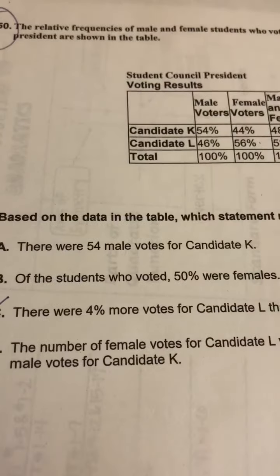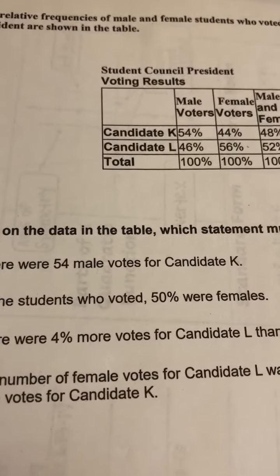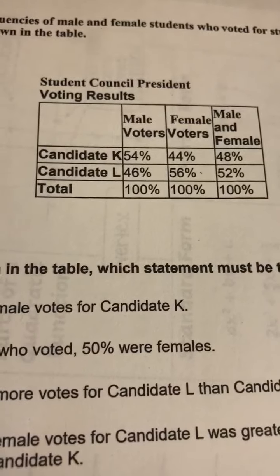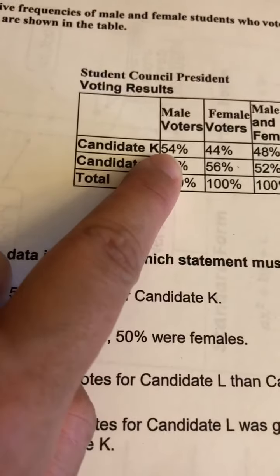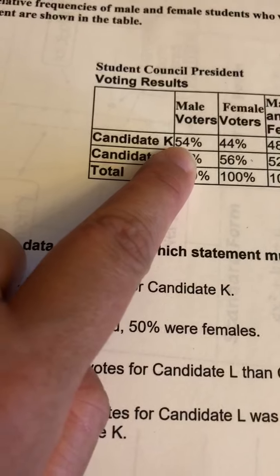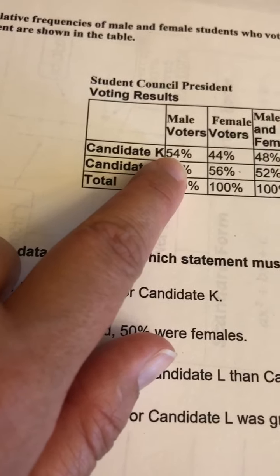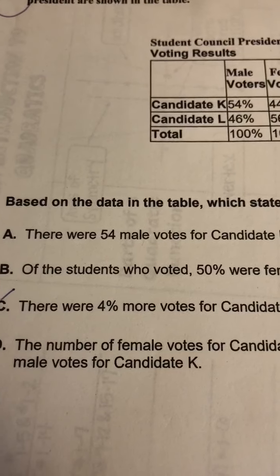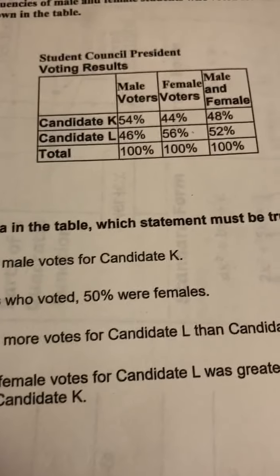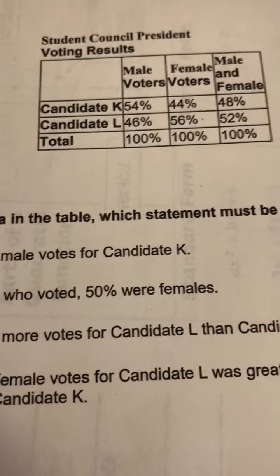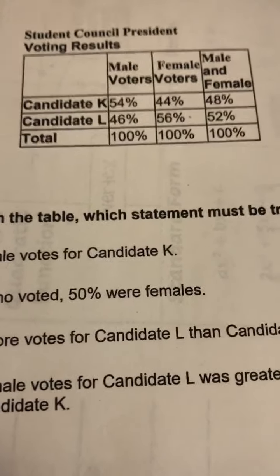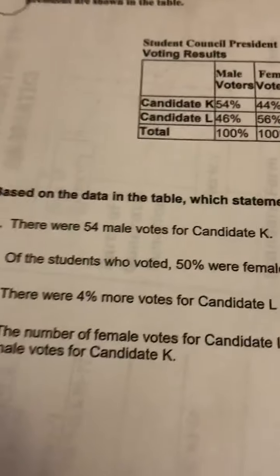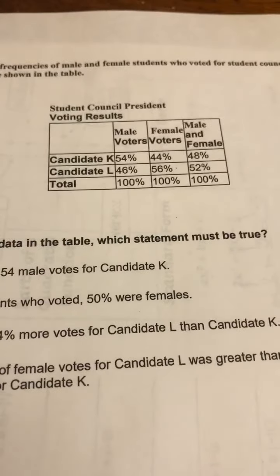A said there were 54 males voted for candidate K. Well, that is not true because it's 54% of the males. Unless there are 100 exact males, you don't know that it's 54. B says of the students who voted, 50% were females. That is not true. Again, we do not know that. And even if we did, it doesn't match any of the percentages that we have in our table.